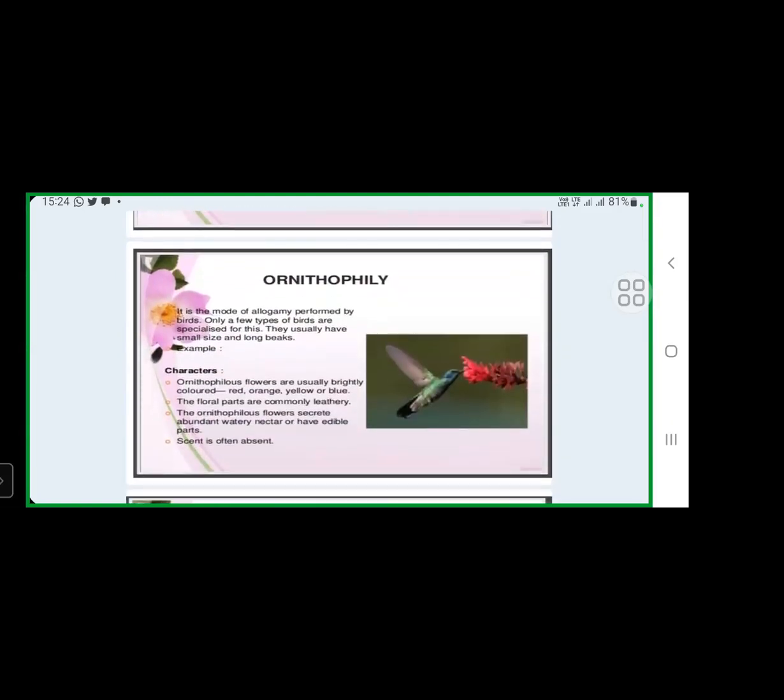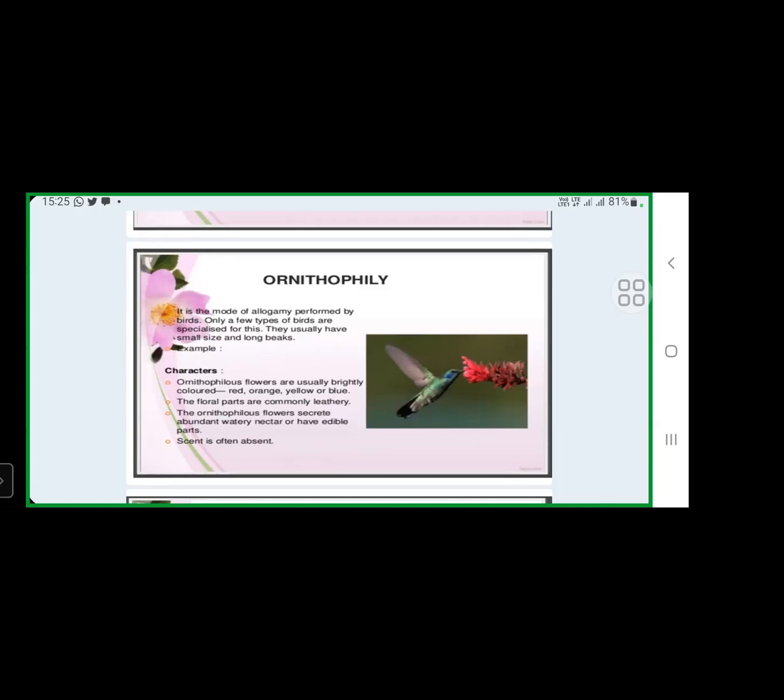And ornithophily, through birds, is the mode of allogamy performed by birds. Only a few types of birds are specialized for this purpose. They usually have small size and long beaks, so the beak is very long. Those are the special birds.